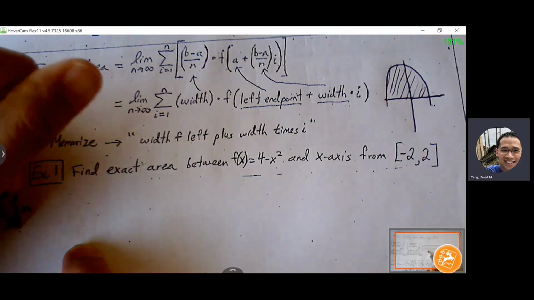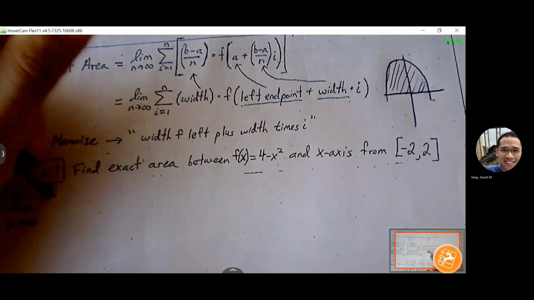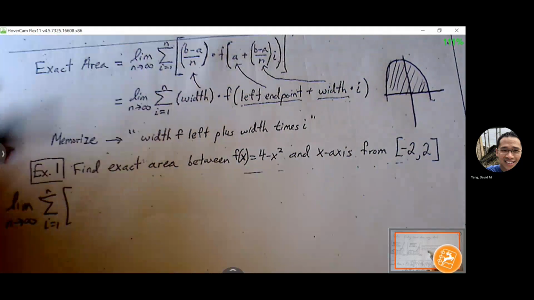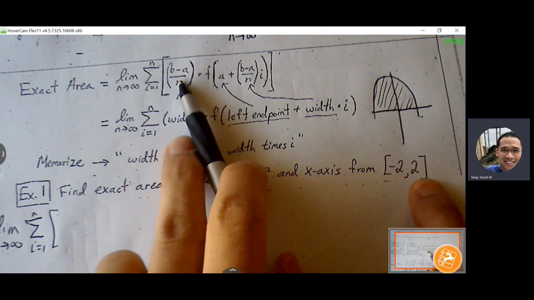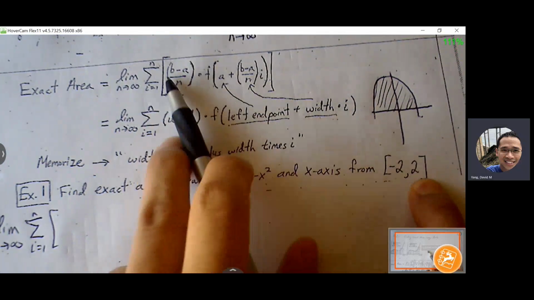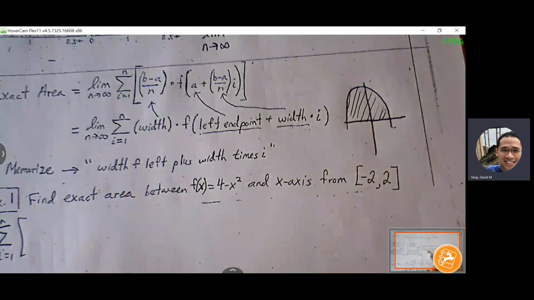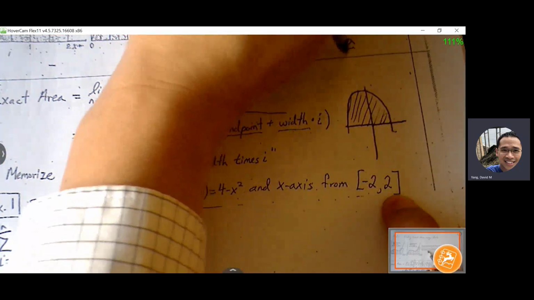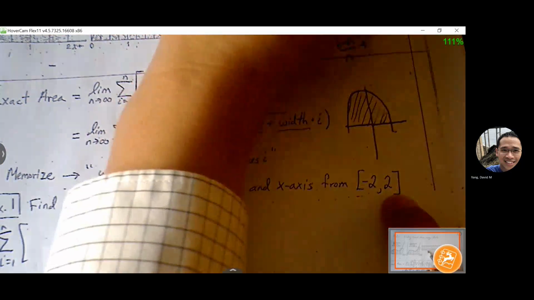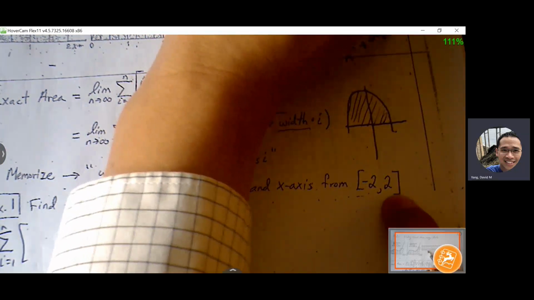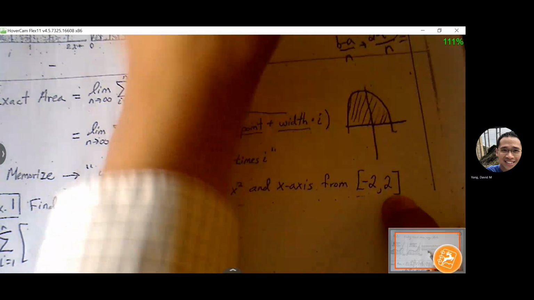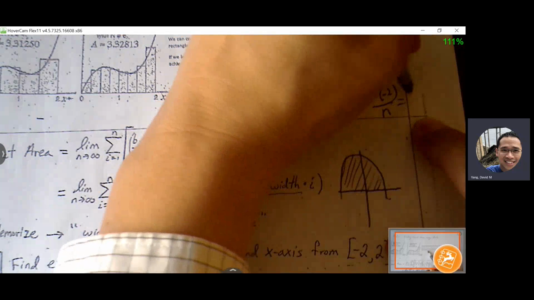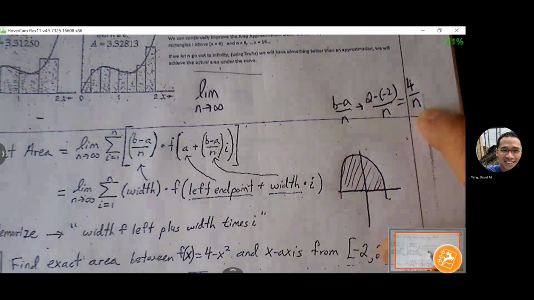we're just going to insert into the formula here. So B minus A over N. Let me just do this on the side here so we can save a step. So B minus A over N, 2 minus -2 over N. Okay, what does that equal to? 4 over N. Okay, so that's my width component.